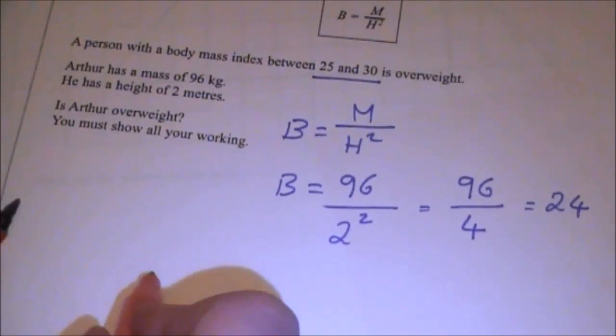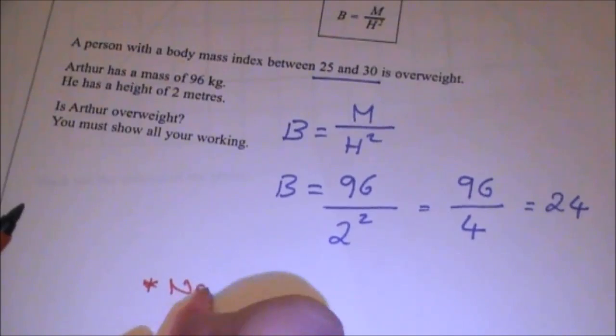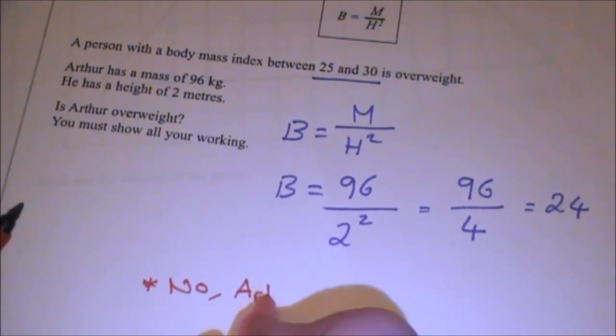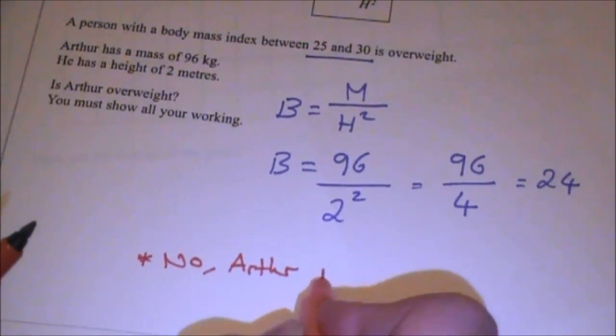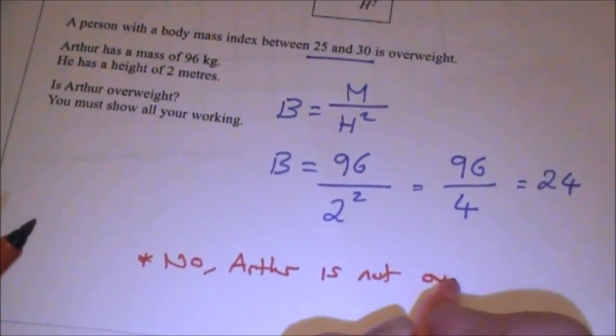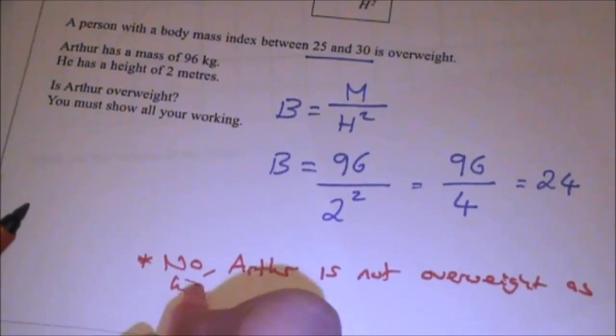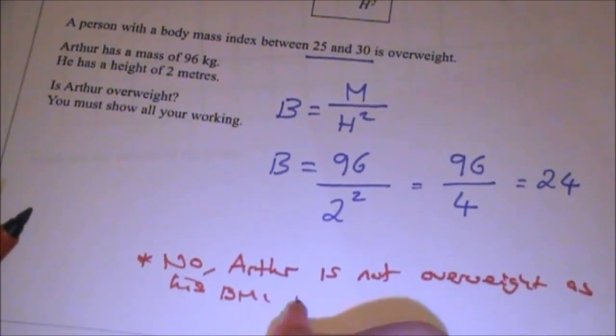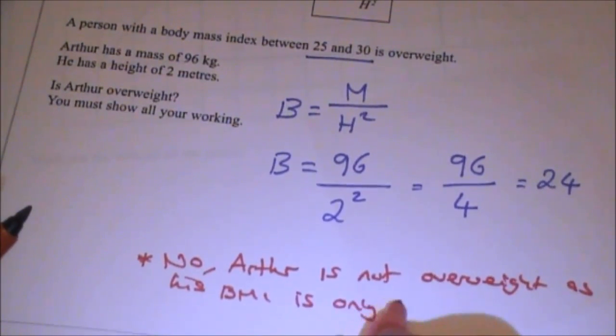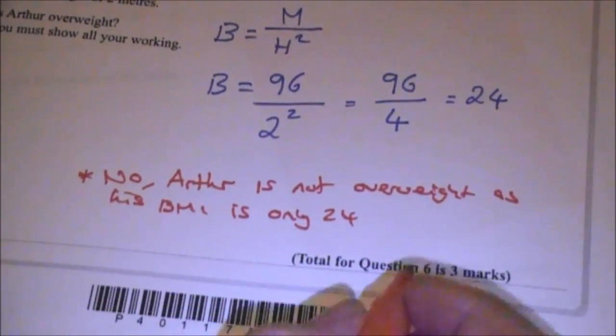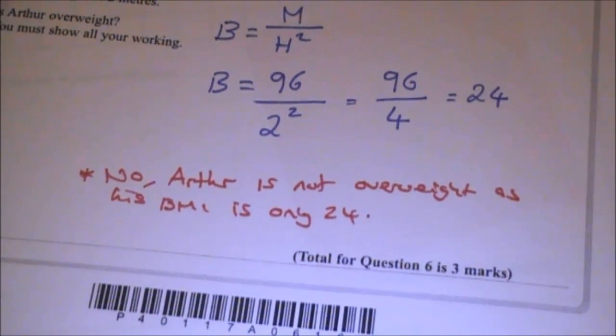He's 24, so I can make the final statement that no, Arthur is not overweight, as his BMI is only 24, full stop.